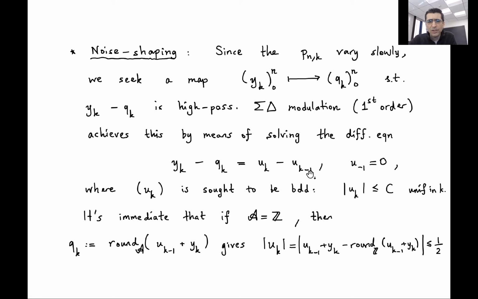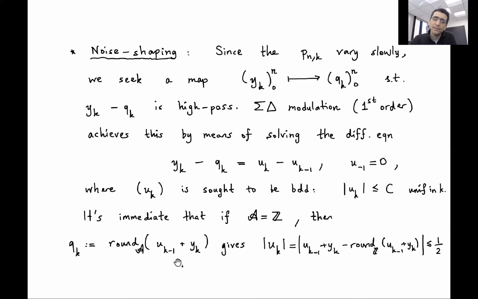Now, there's a way to do it. The easiest one is if the quantized coefficients are integers with no bound. All the integers are allowed. Then what we do is we recursively solve this equation by setting the value of q sub k to be the rounding of, well, it's a greedy algorithm. Given uk minus 1 and yk, you set the value of qk that minimizes the size of what uk would be in this equation.